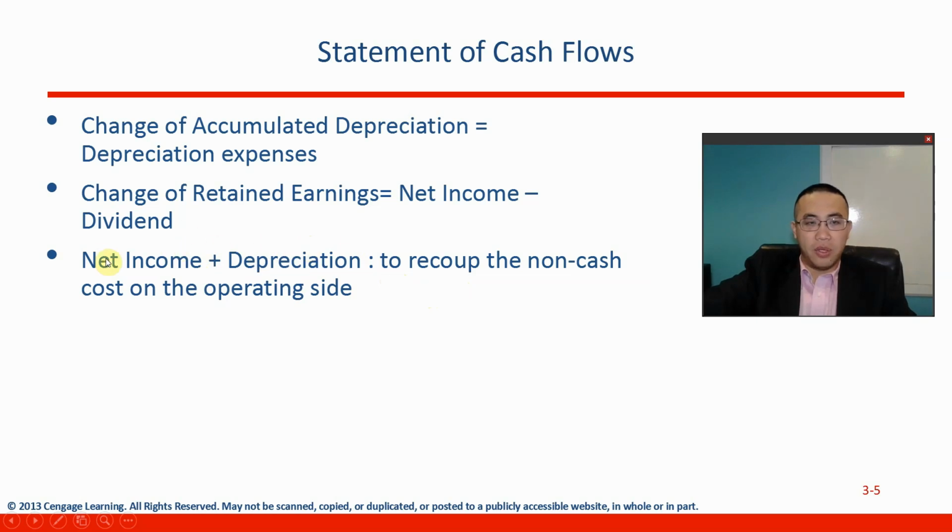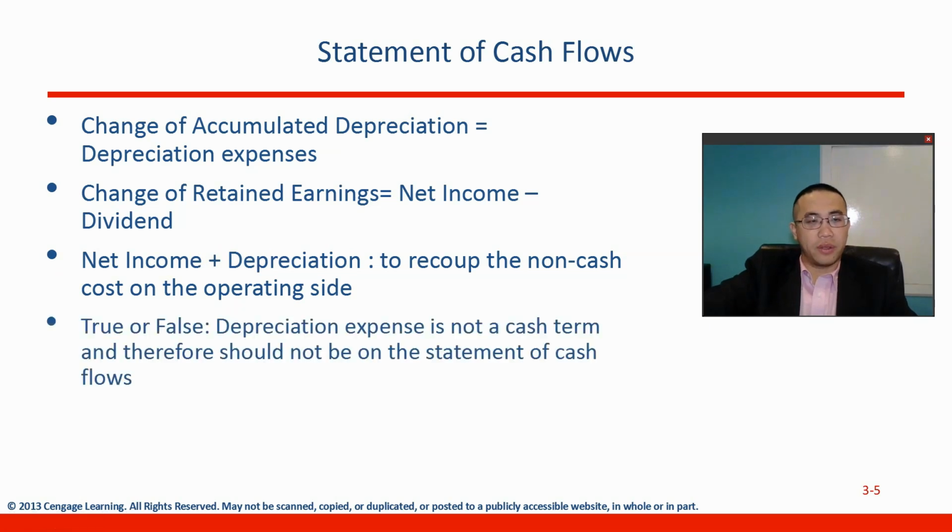To get net income, you deduct that non-cash term from sales, from operating expenses, and then you deduct the depreciation. And then if you add the depreciation back to the net income, that will be sales minus operating expenses in cash, minus interest in cash, minus taxes in cash. So the sum of these two numbers would be a cash term. So that's why we call it recouping the non-cash cost.